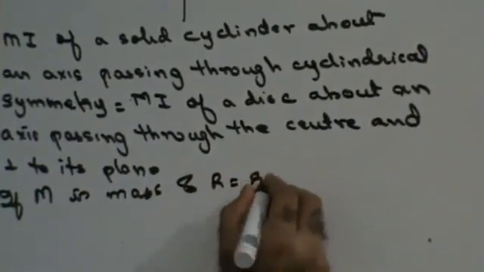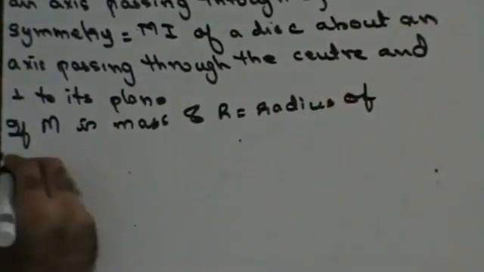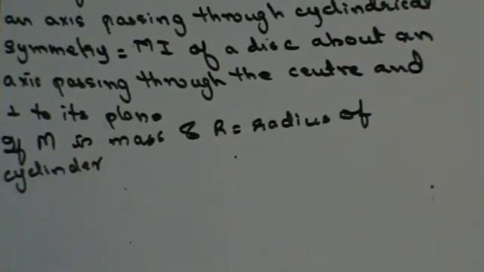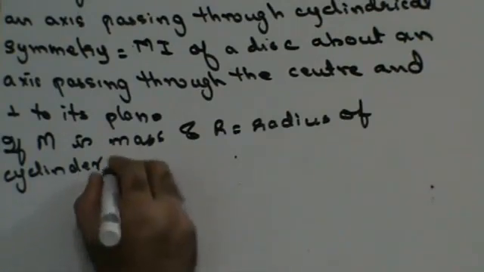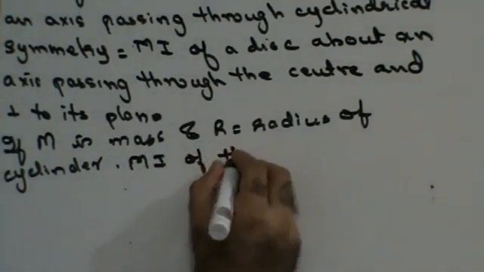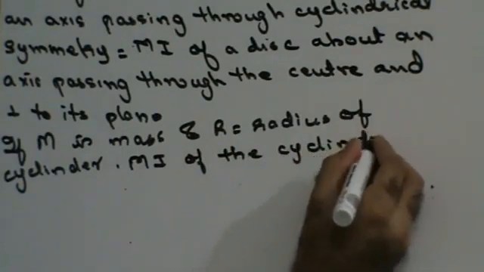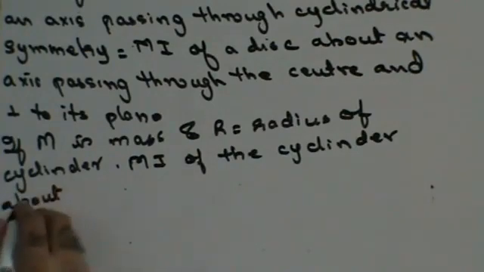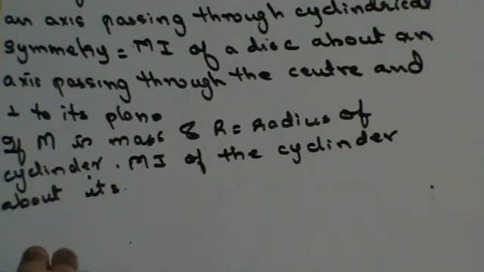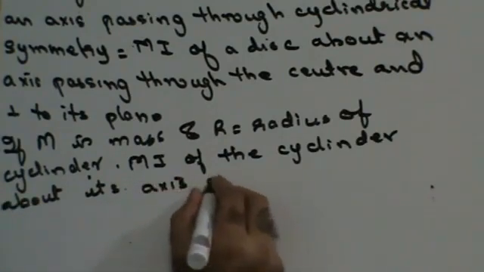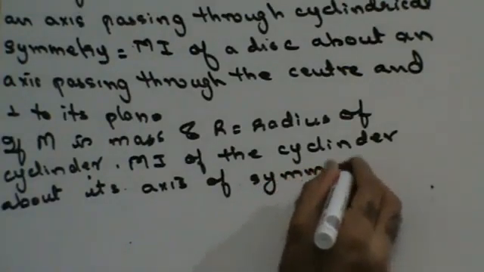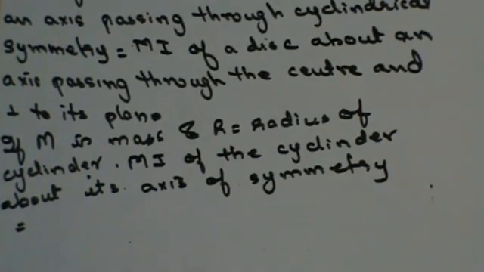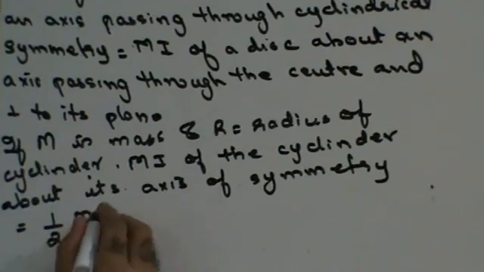and r is the radius of the cylinder, then I can say that the moment of inertia of the cylinder about its own axis of symmetry will be the same as the moment of inertia of a disc, which is going to be nothing but half mr square.